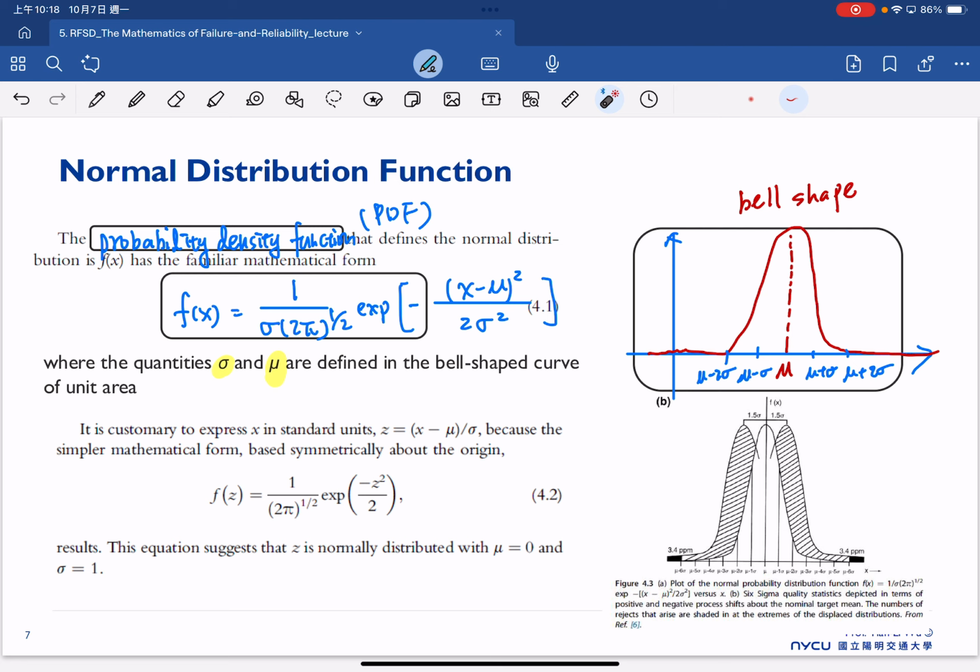So far, this is just a reminder of what you have learned before. I think everyone should already know about the normal distribution function. Of course, related to the CDF, probably you are understanding the meaning of the CDF plot for the first time.